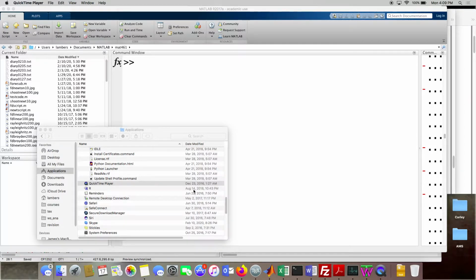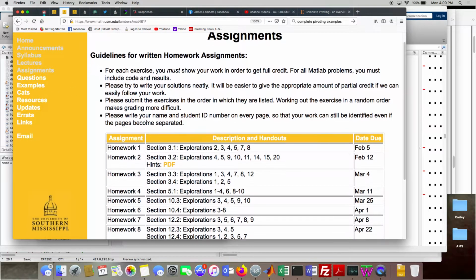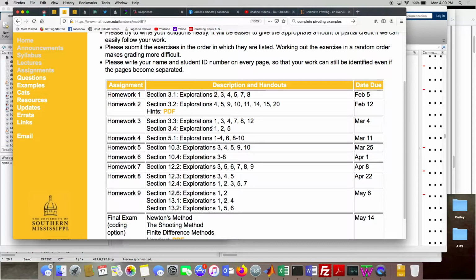Now, for the following homework, if you look at the assignments, the next homework is not due for a while. On the other hand, these sections are on the test, so I would encourage you to at least take some time to dive into these problems that are wrapping homework 2 before the test.